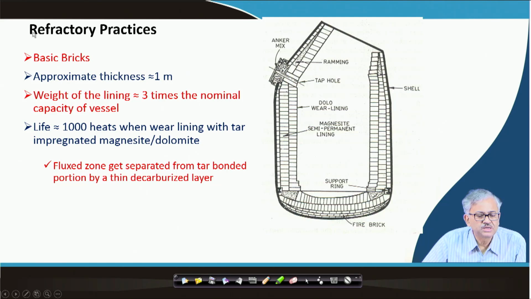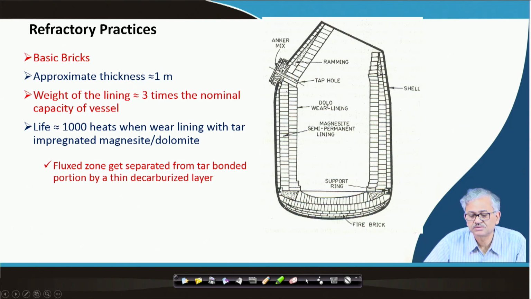Now, I will talk a little bit about refractory practice in the LD, because this is very short, that is why I want to club it here as a short presentation. Basically, in LD you have a basic refractory lining, and I have given some interesting facts. The approximate thickness of the refractory lining is around 1 meter, and the weight of the lining is around 3 times the nominal capacity of the vessel.